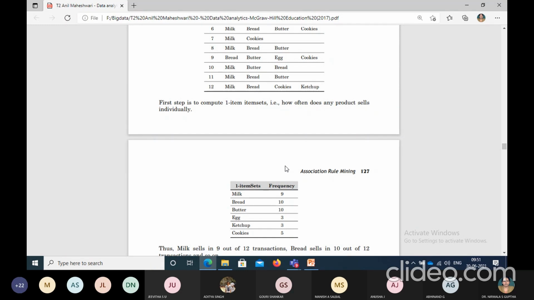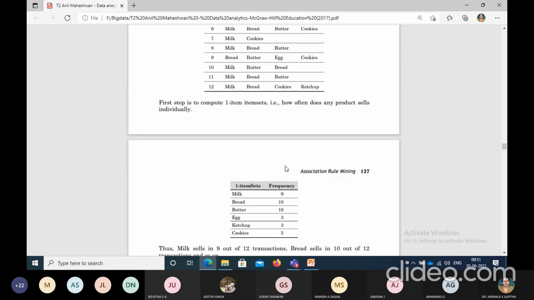Now when we see these 6 rows of information with respect to one item set, what are very frequently purchased? Bread and butter get the first priority, because of 10 frequency, correct?